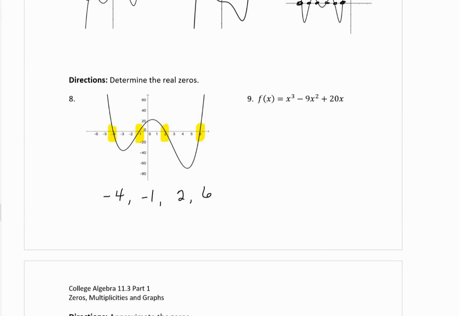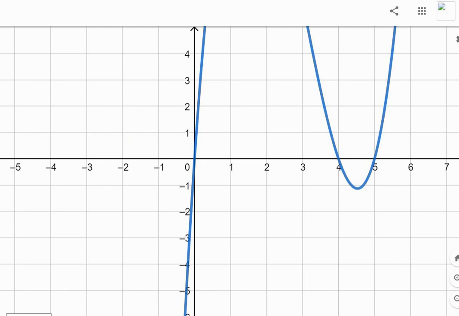On problem number 9, I'm given the equation but not the graph. So what I'm going to do is use a graphing calculator. Okay, here's the graph of my function, and you can see I have a zero at 0, 4, and 5.